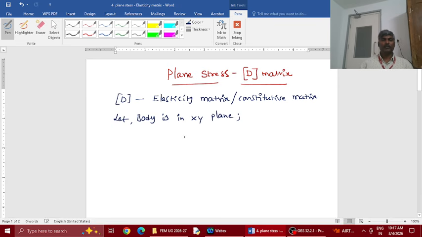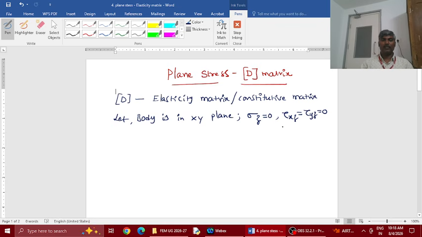Then the plane stress condition for this body says the Z components of stresses, like the normal stress in the Z direction and the shear in the Z direction, are zero.